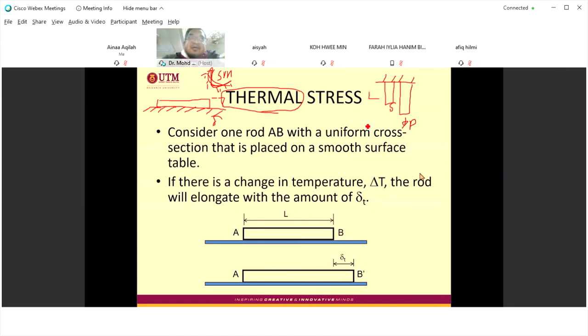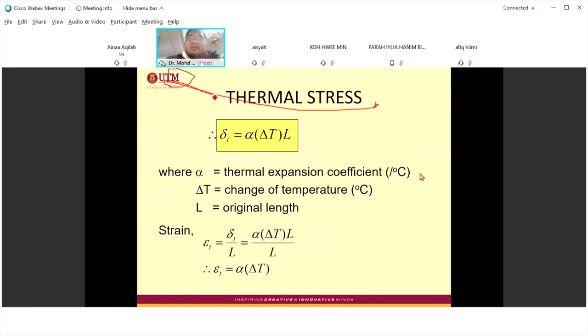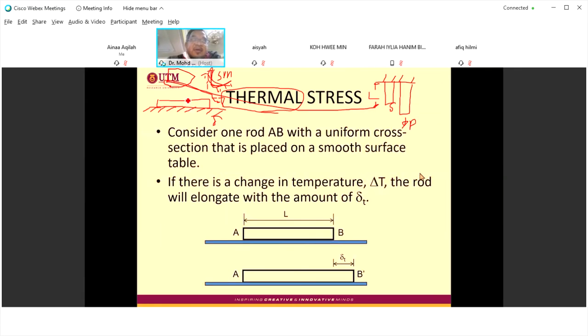So when at local temperature, at current temperature, this is the actual length at the current temperature.